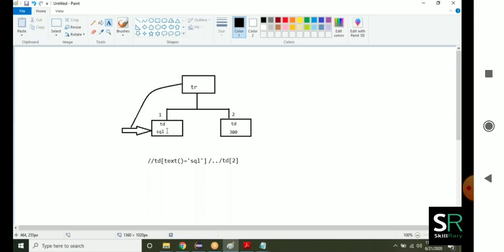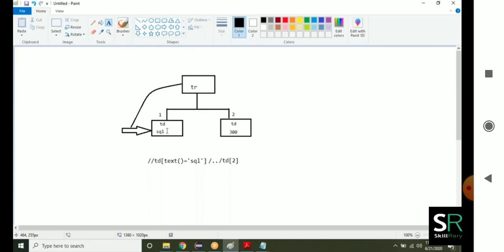Only one step you should go, because this TR is the common parent for this TD and this TD also. There are two TDs. One TD contains the SQL subject, and one more TD contains the price of the SQL book.